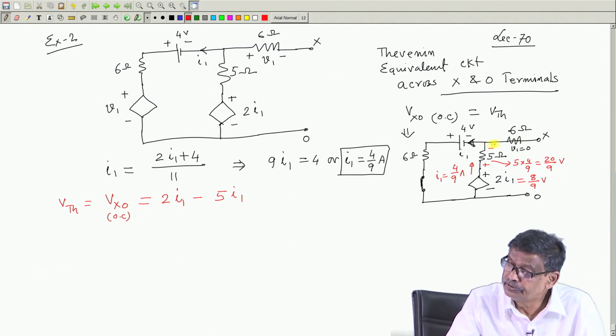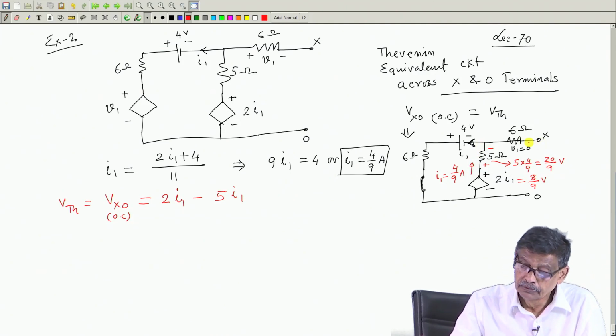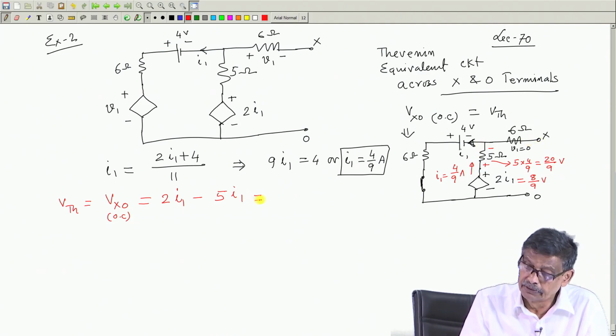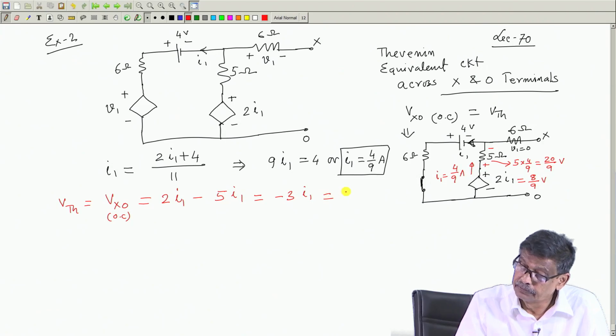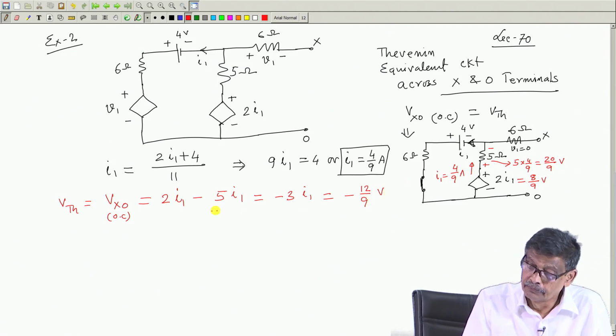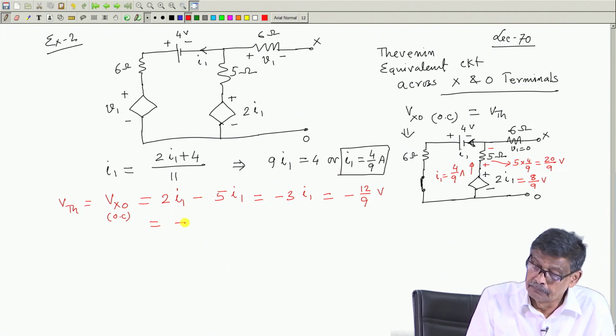Then from this to this no drop. So, this will be equal to minus 3 into I 1, which is equal to minus 12 by 9 volts, which is equal to minus 4 by 3 volts.